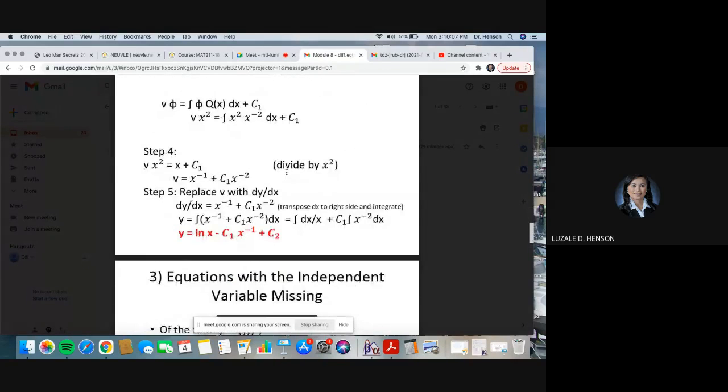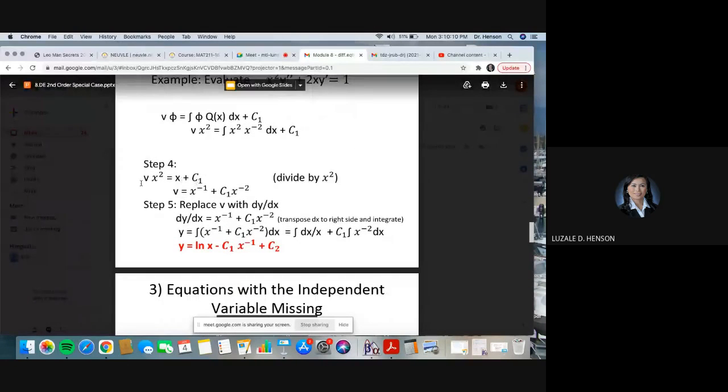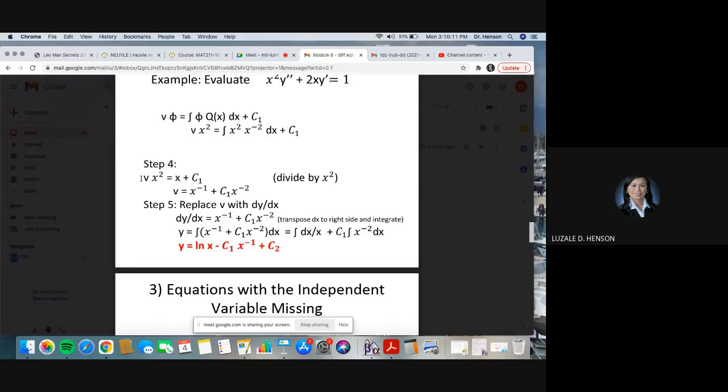So skip that and go directly to step 4. You write after integrating: the integral of the derivative of v times x squared is v times x squared, plus the integral of 1, which with respect to x is x, plus c sub 1.